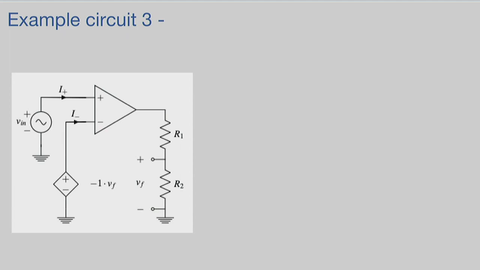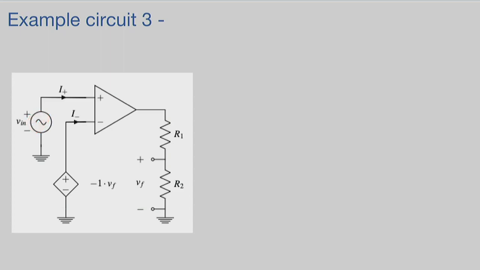Okay, last example here. Let's check for negative feedback. To check for negative feedback, you write your circuit without your independent voltage sources, which are this one.